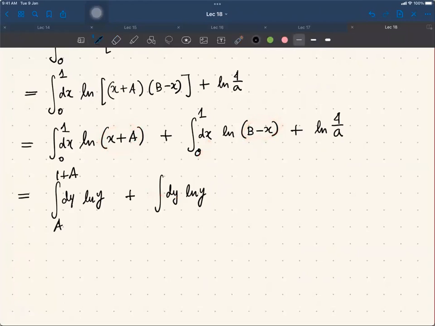So when x equals 0, y is b. So let's put b upstairs, and when x equals 1, y is b minus 1. Plus log 4 by a.